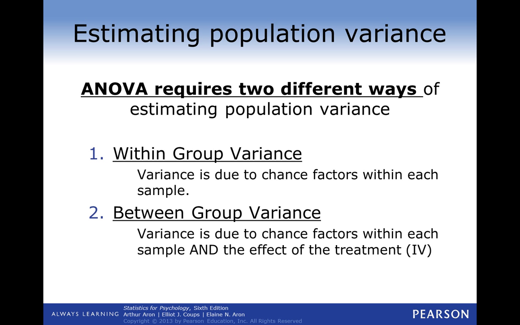We're going to take that out of the equation by calculating the within-group variance. Then, any difference that's left between the groups should actually be due to between-group variance. That is, whatever the IV level they got caused the dependent variable to respond in a certain way.